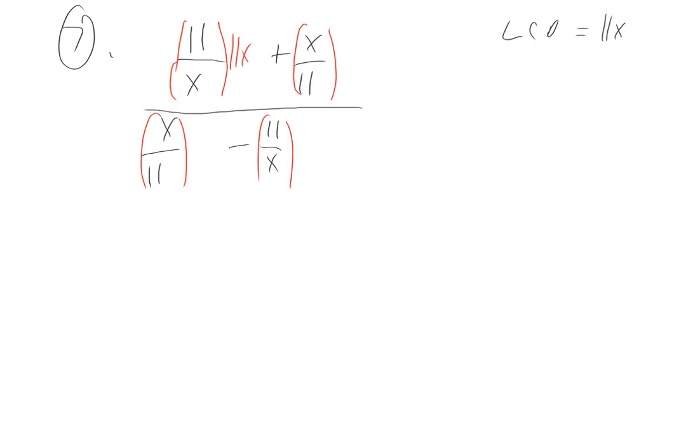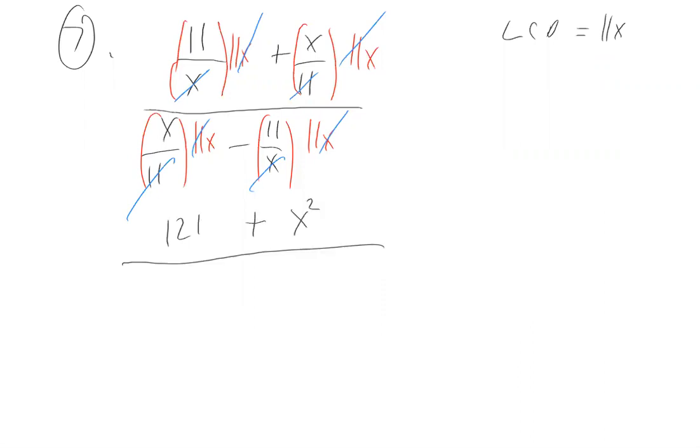So 11x, 11x, 11x, 11x. Then I need to cross out the x and the 11 and the 11 and the x. Then you'll be left with 11 times 11 is 121 plus x times x is x squared, over x times x is x squared minus 11 times 11 is 121.